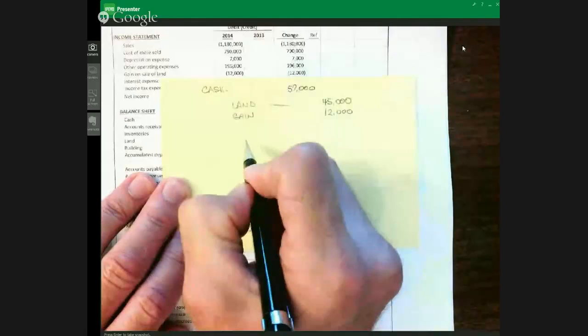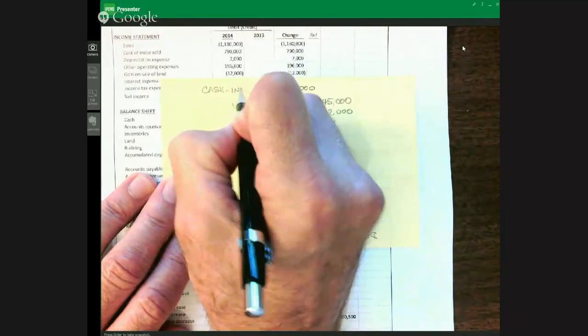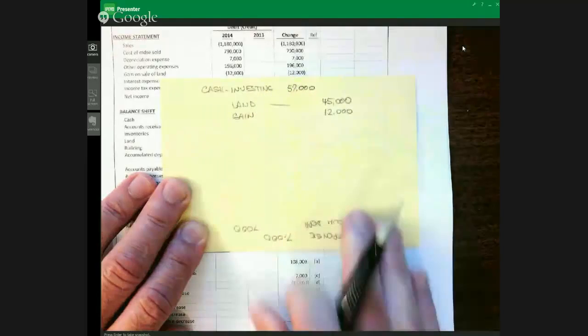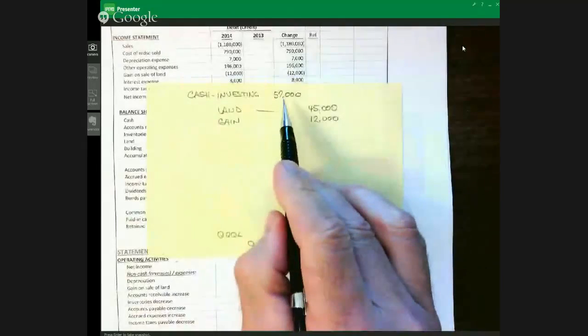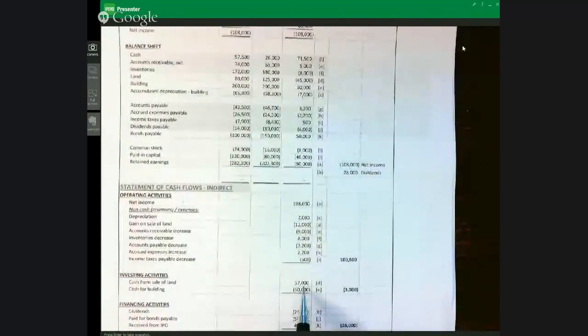But because land is not an operating activity, it involves the buying or selling of an asset, this would be known as an investing activity. And so for this particular example, the proceeds, $57,000, should be shown in the investing activities as cash from the sale of land.